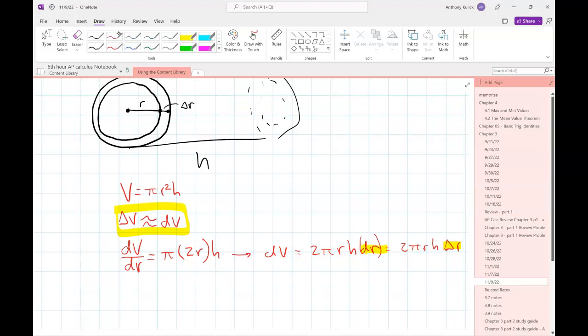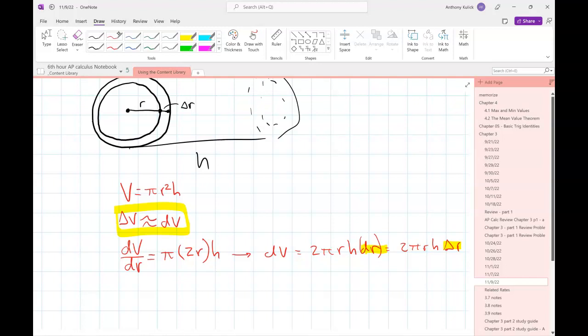The thickness of the tube eventually becomes negligible if we just use the inner radius. We can approximate the volume without the thickness, is basically all we're doing there. So the thinner that gets as dr approaches 0, our approximation ends up getting closer and closer to the actual. That's all we're really saying.